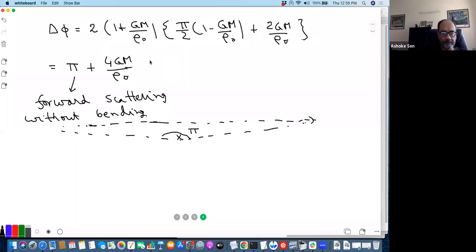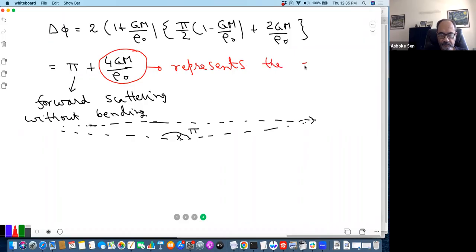So this is the term that is extra. This one represents the effect of bending of light.